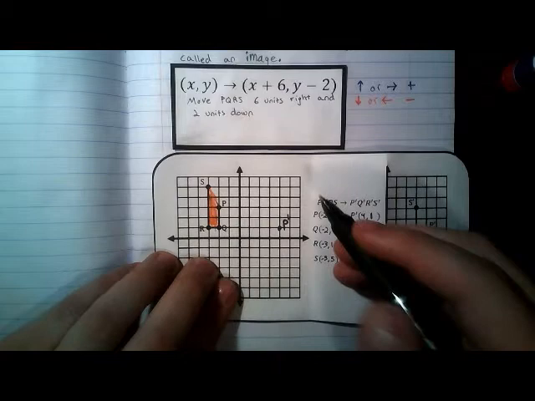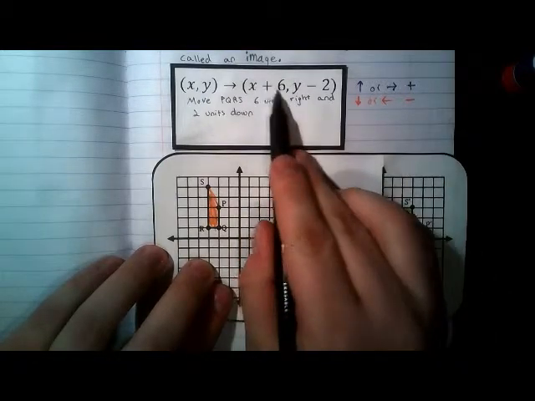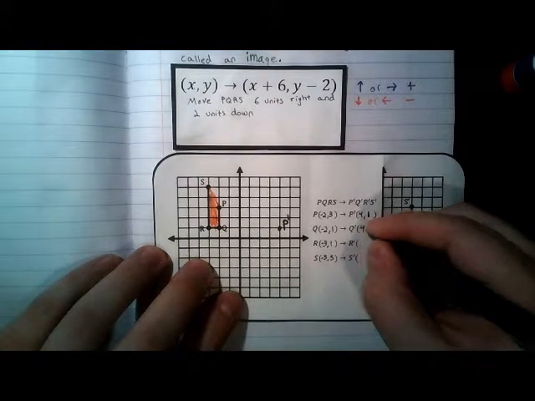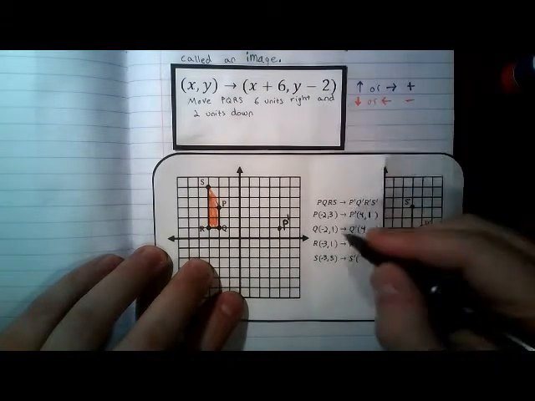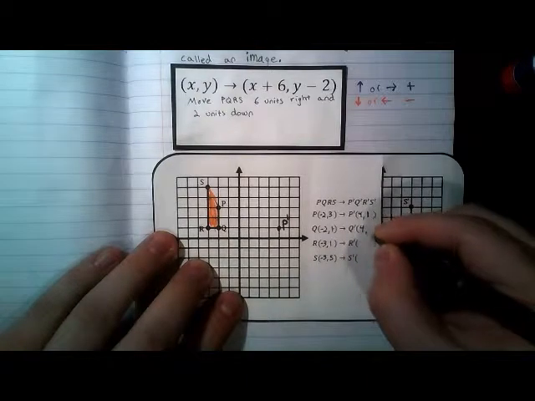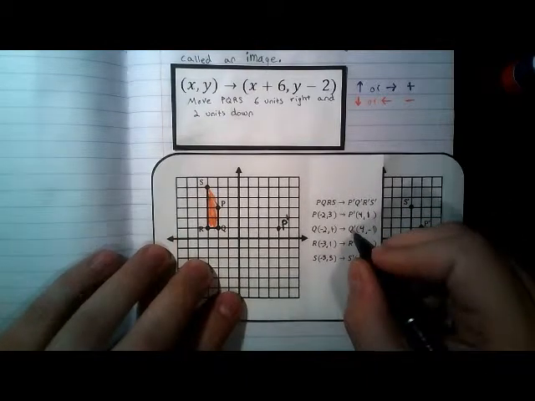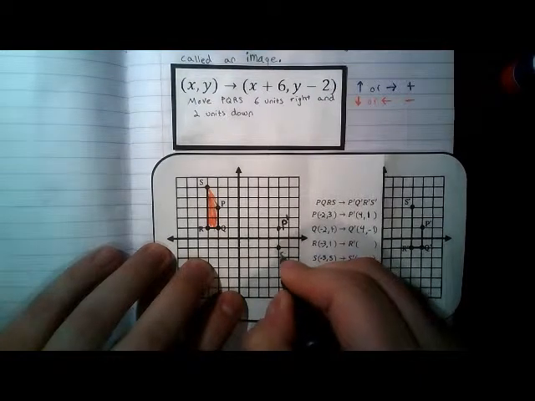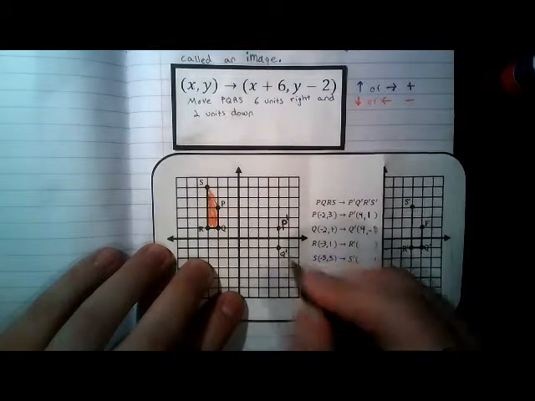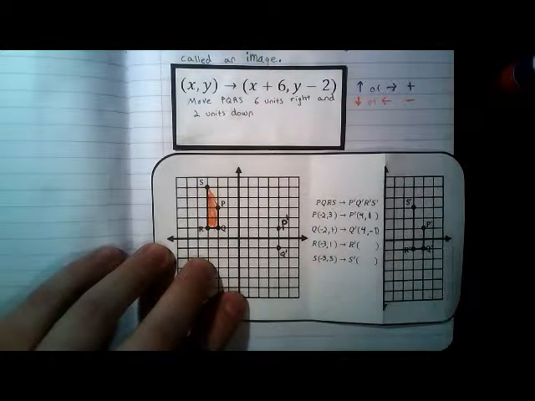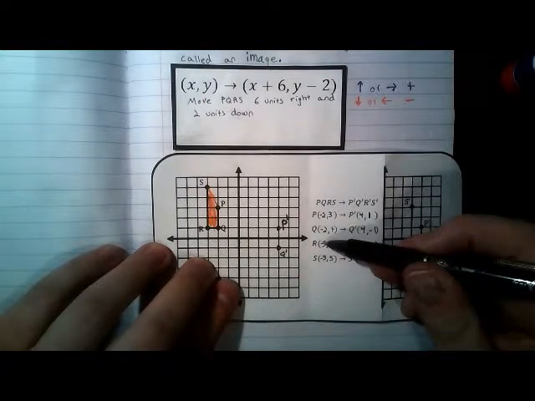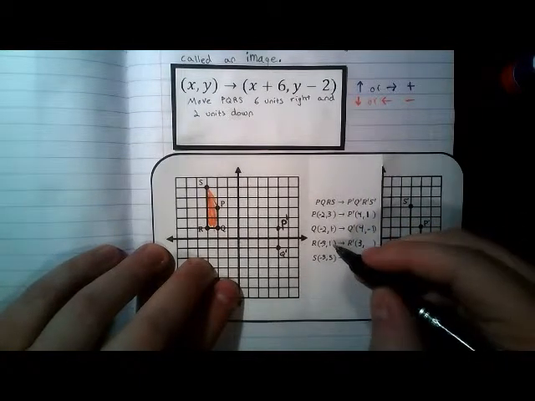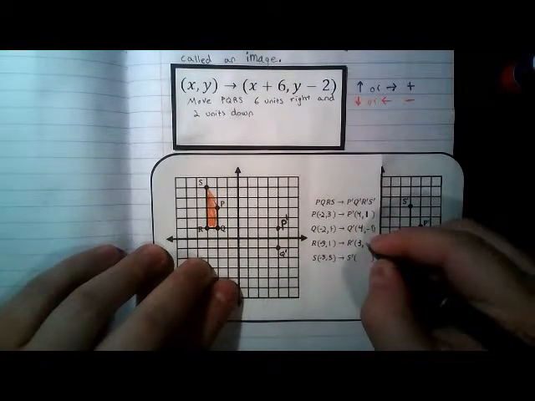So let's keep going. I'm adding 6 to all of these x values. -2 plus 6 again is 4. And subtracting 2 from the y. 1 minus 2 is -1. So that means my new Q is at 4, -1. So Q prime. And then I keep going. -3 plus 6 is +3. 1 minus 2 is -1.